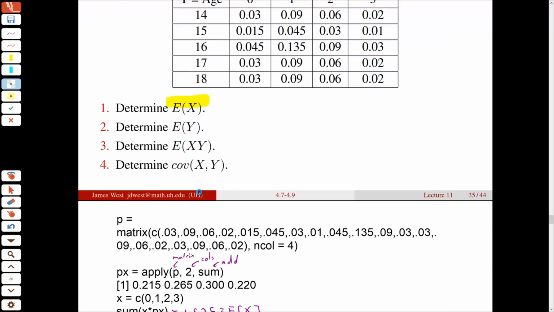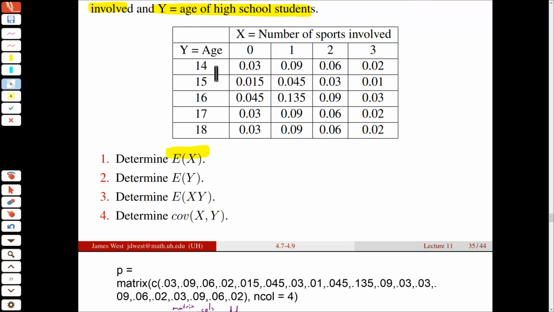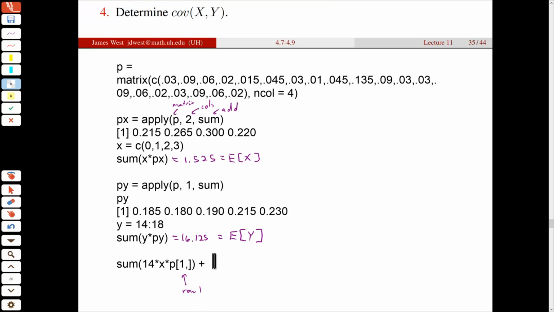How many rows are there? 5 rows. Okay, so I've got to do this 5 times.